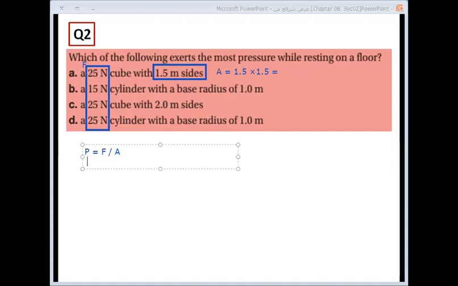Now the force in the first case, number A, is 25 newtons. Exactly 25. Excellent. The area is 1.5 times 1.5. Yes, excellent, that's right.